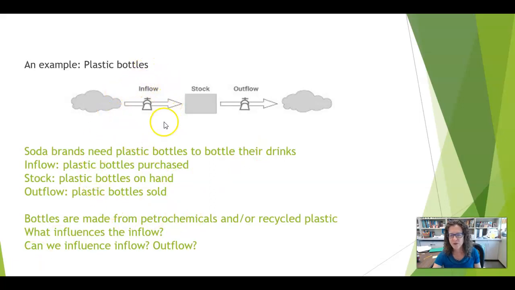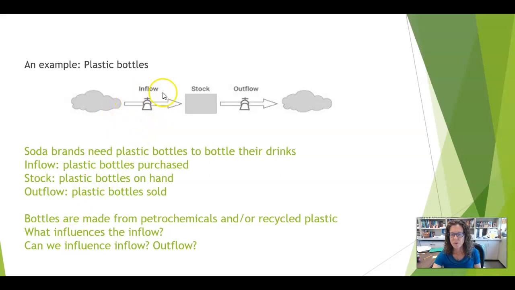What reinforcing feedback loops are at play that can help us shape inflow, and what balancing feedback loops are at play that can help us shape outflow? And so again, you might want to pause the video and jot down some ideas and think about ways to address this complex problem faced by soda brands.